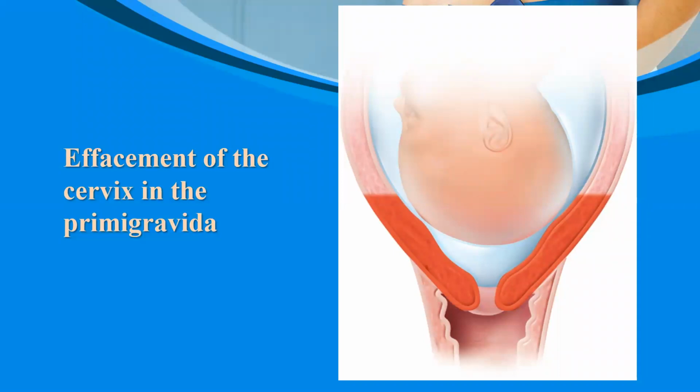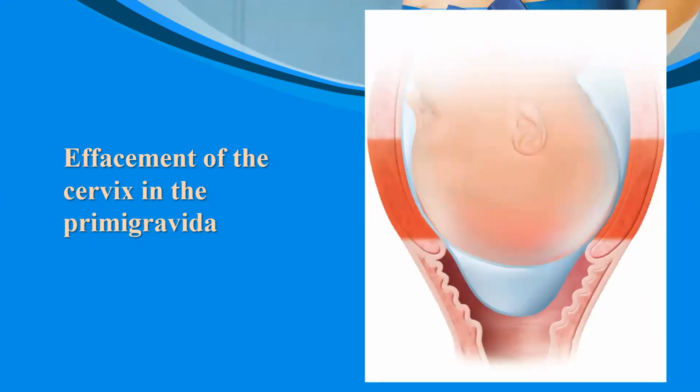The cervix is about 1/2 effaced and slightly dilated in this picture. The increasing amount of amniotic fluid exerts hydrostatic pressure. This is complete effacement and dilation.